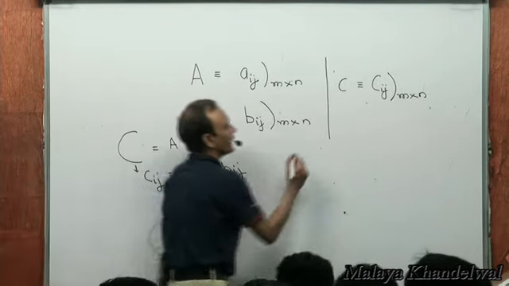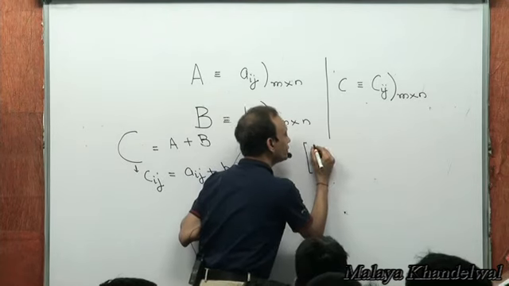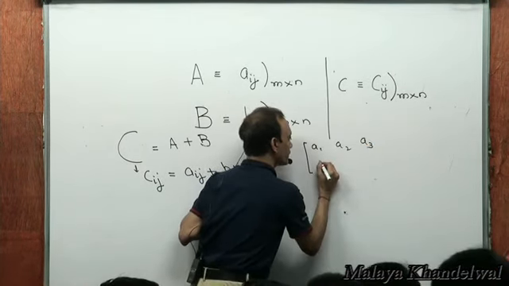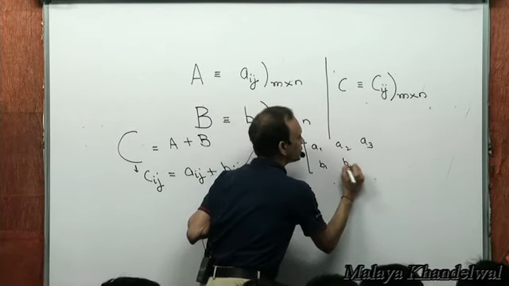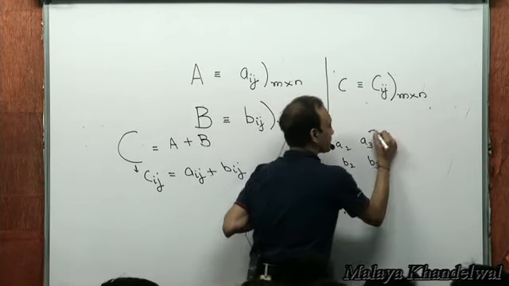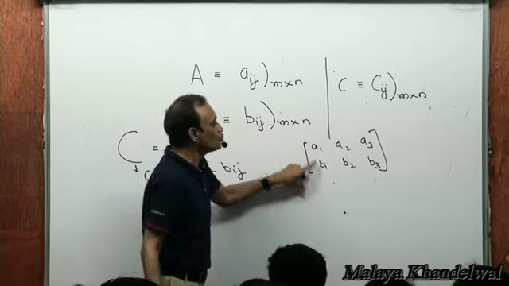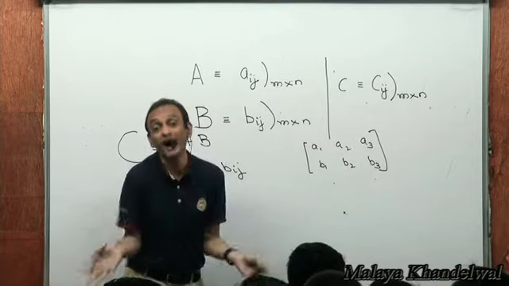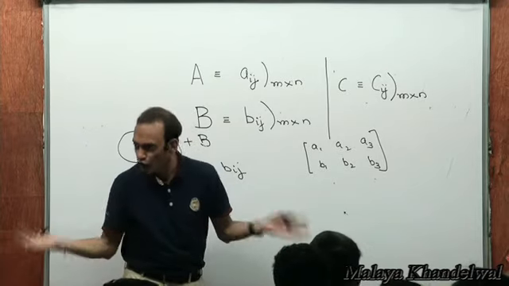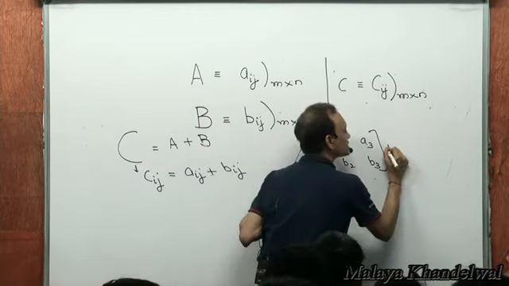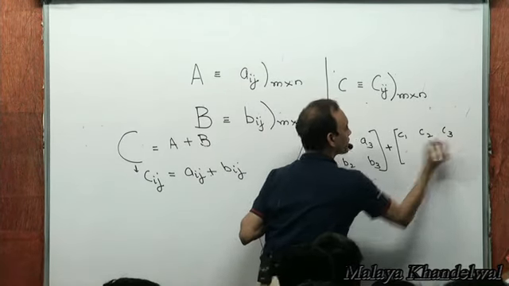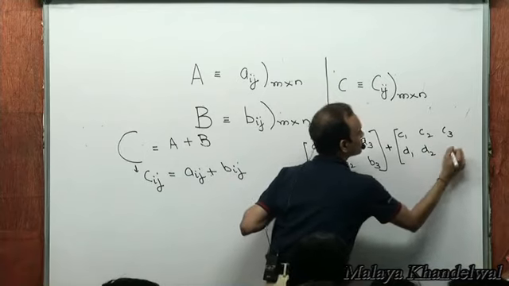I mean, if I have a matrix, say, A1, A2, A3, B1, B2, B3, this very clearly is a 2 row, 3 column, 2 by 3 matrix, and a 2 by 3 matrix can be added only to a 2 by 3 matrix, say C1, C2, C3, D1, D2, D3.